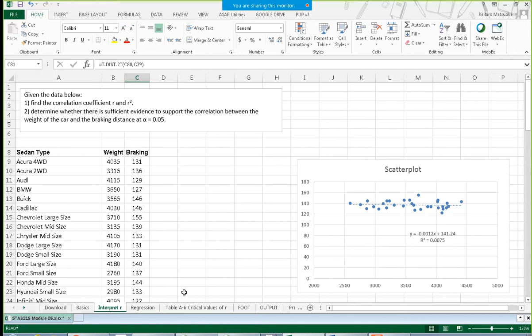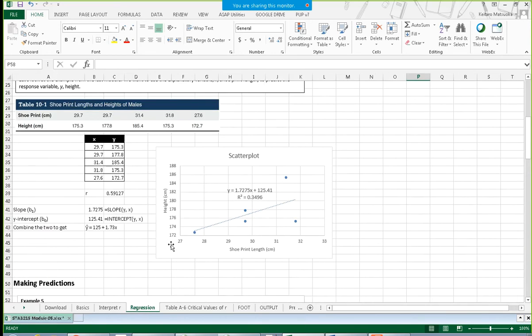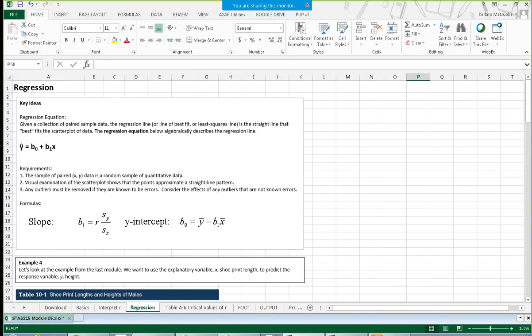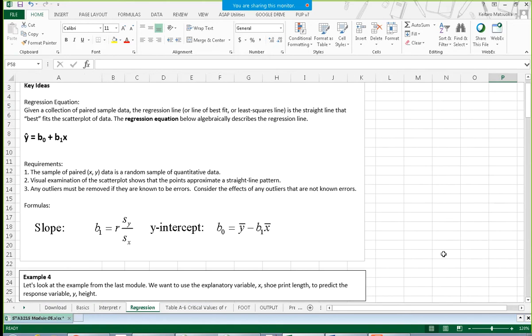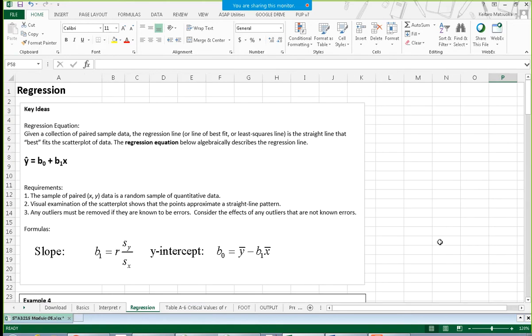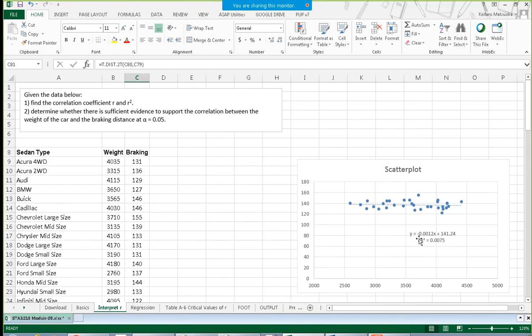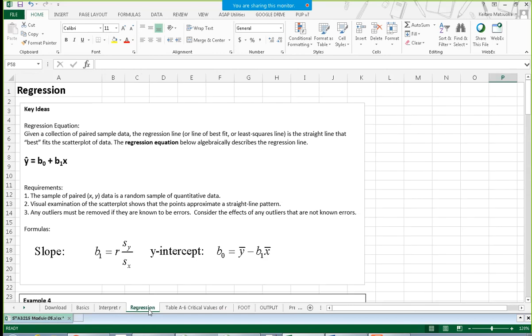Let's move on to regression. And this is where the rather complicated calculations come into play. Well, one of the two. So the equation you saw earlier in this plot here, that's the regression equation. So Excel knows how to reproduce that.